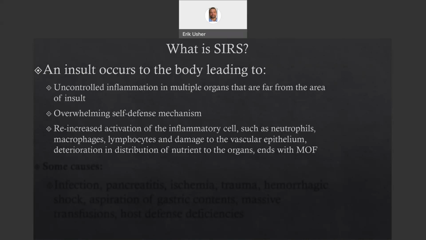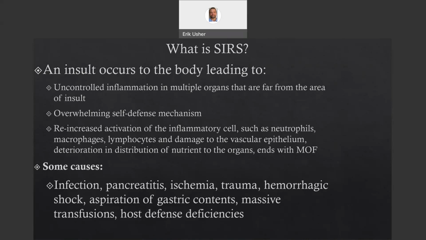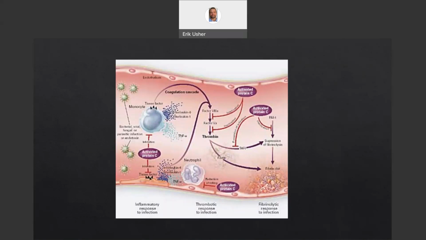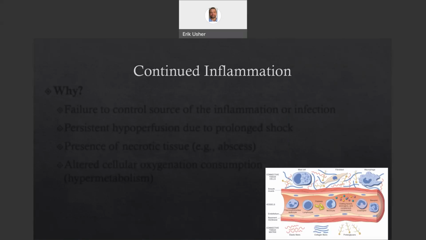Some of the causes can be infection, pancreatitis, ischemia, trauma, hemorrhagic shock, aspiration of gastric contents, very damaging, massive transfusion, and host defense deficiencies. So again, this is just a pictorial graph of all the multiple layers of what happens when SIRS happens.